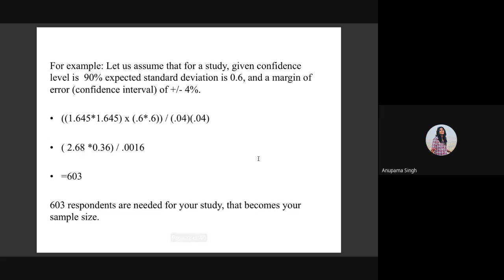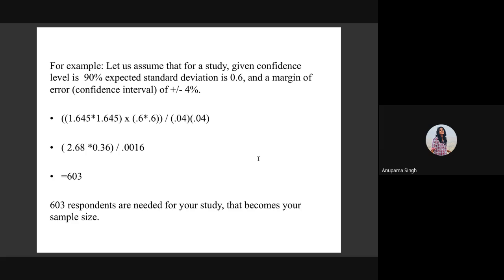So I have taken one example also to show how to calculate your sample size. For example, we have a study in which the confidence level is 90, right? Your expected standard deviation is 0.6. Standard deviation could be anything, but based on some prior knowledge, you can fix your standard deviation.